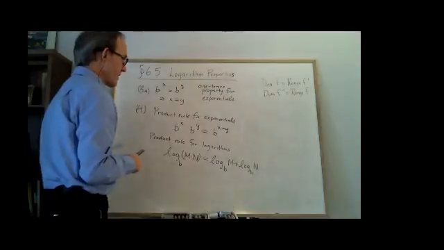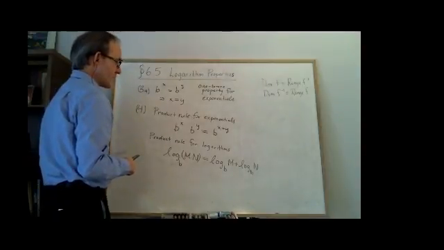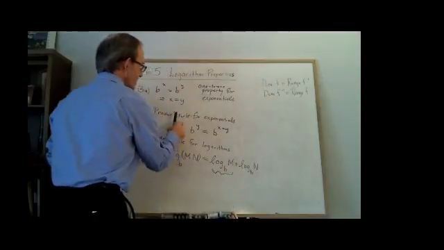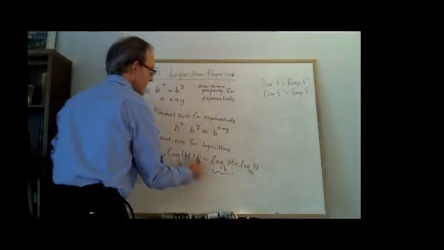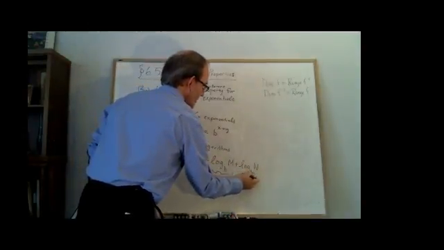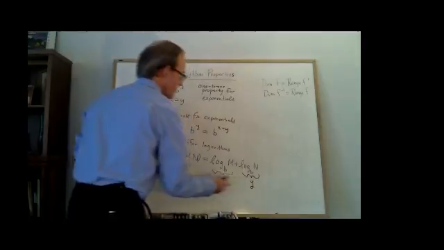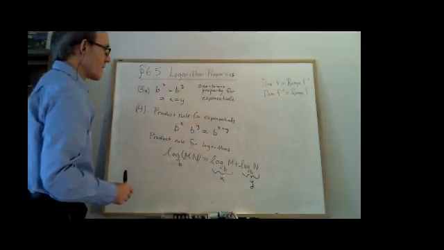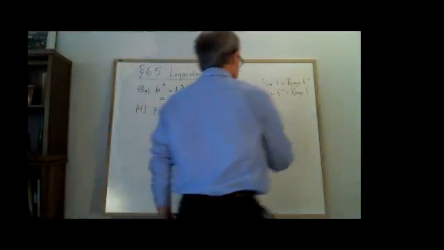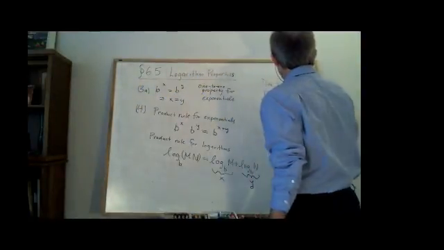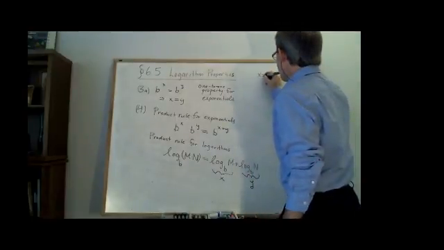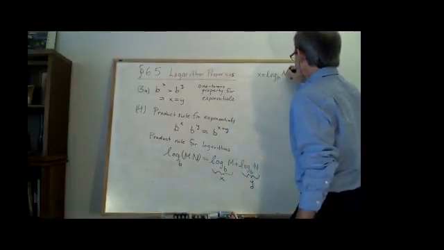Okay, so let me write this out more fully. Let me call this x to correspond with this factor here. So if I call that x, and this is called y, then what this is saying is that x is equal to log base b of m.